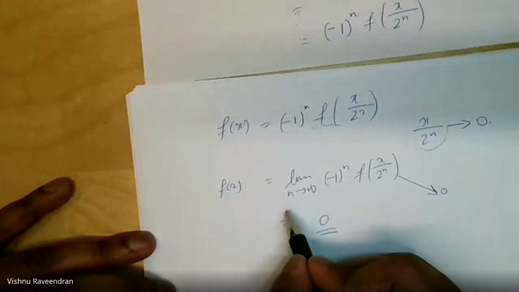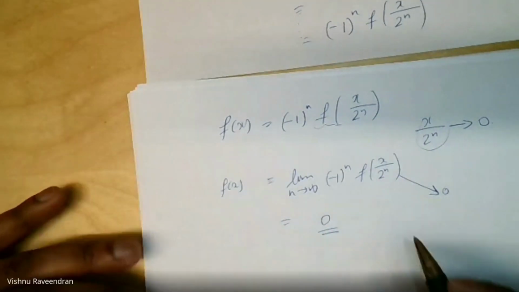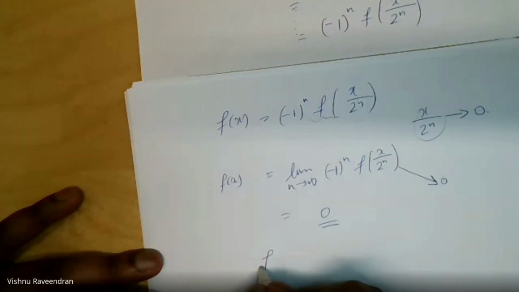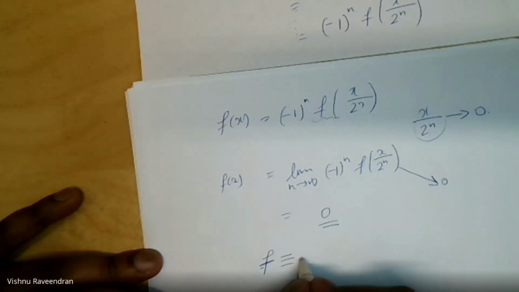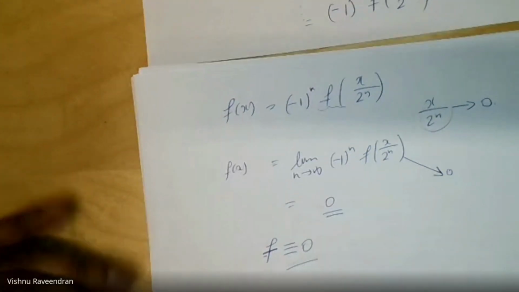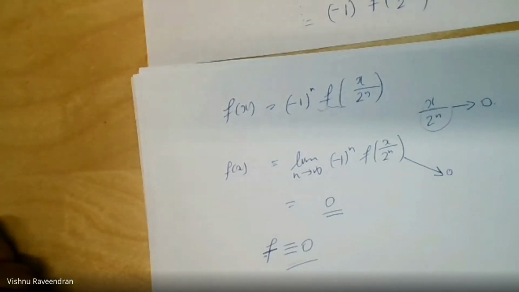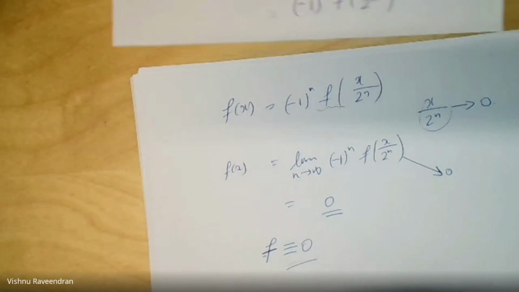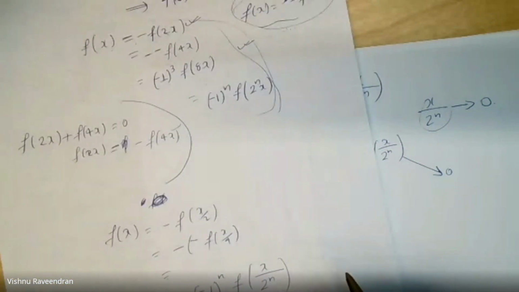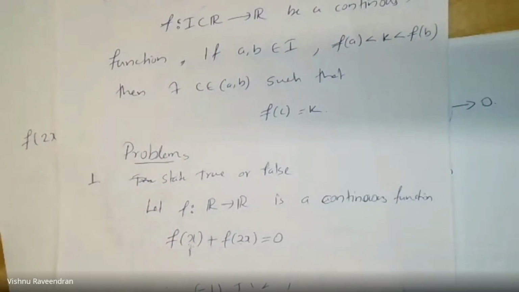So you get f of x equal to 0. At the end, your function f will be just the zero function. So there will be only one function satisfying this condition, f of x plus f of 2x equals 0, and that will be just 0.